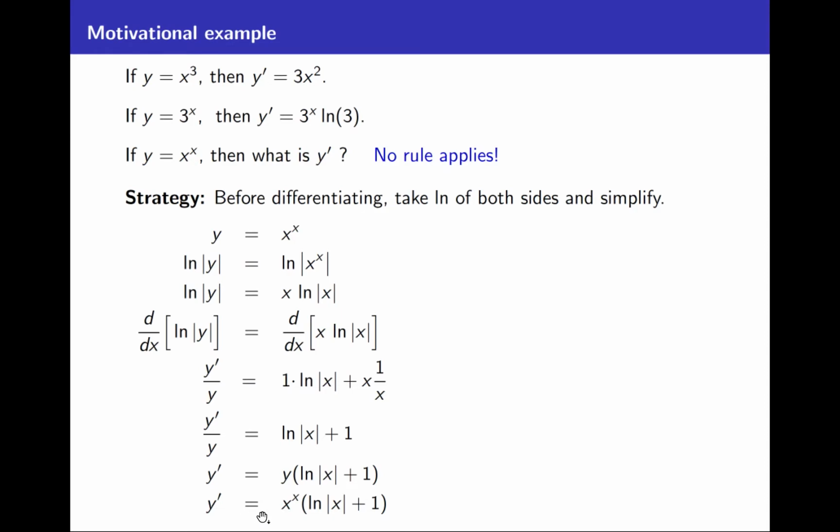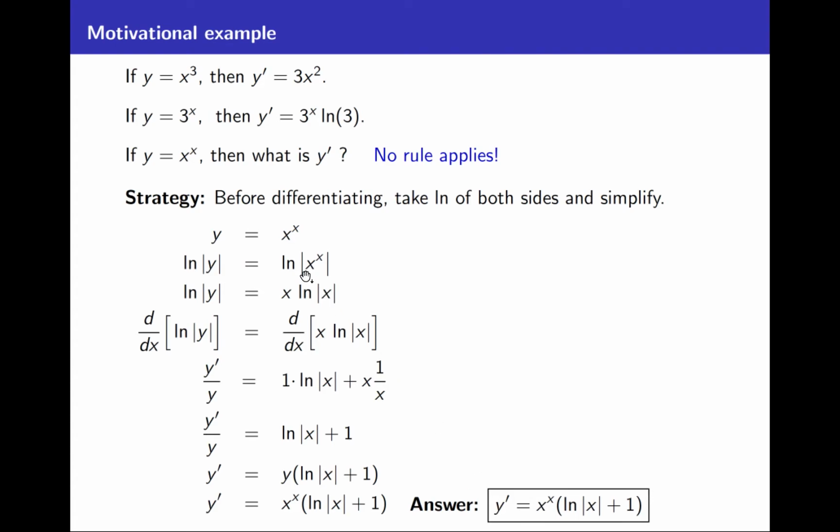Y prime equals x to the power of x times the quantity ln of the absolute value of x plus 1. That's our answer. Y prime is x to the x times ln of the absolute value of x plus 1. So that's pretty good. Given that no rule applied, we were able to find a derivative.